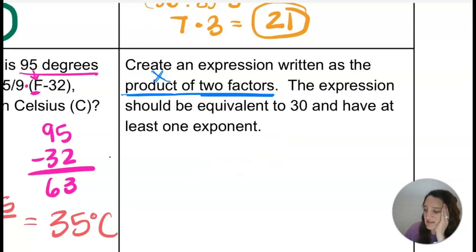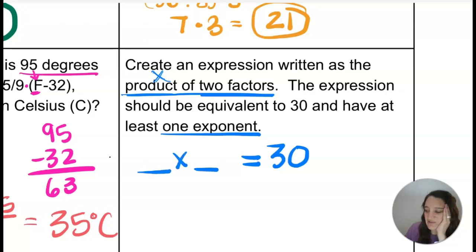Okay, the expression should be equivalent to 30 and have at least one exponent. I need the product of two factors, and one of these needs to have an exponent.